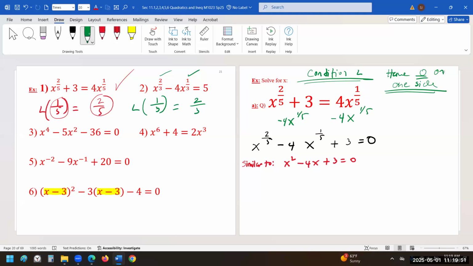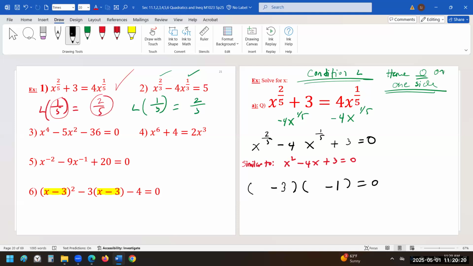So we know how to factor x squared minus 4x plus 3, right? Which two numbers multiply to 3 and combine to 4? 3 and 1. And we want negative 4 from them. Both negatives.